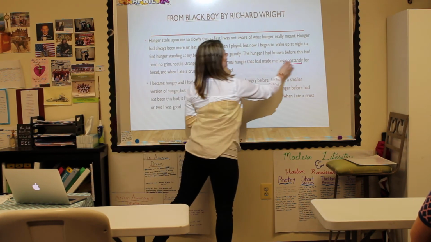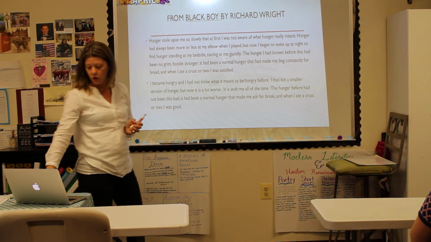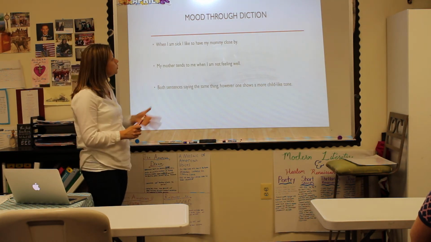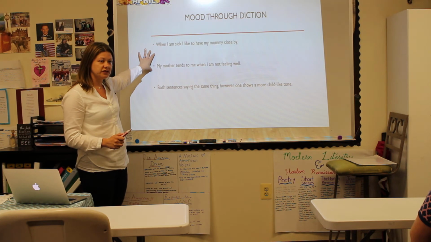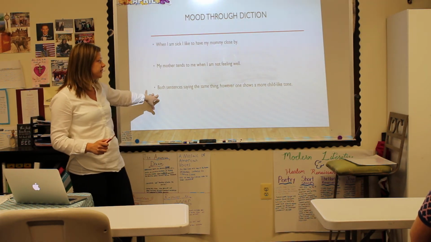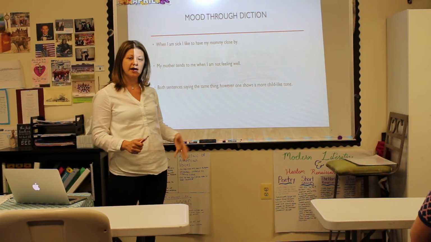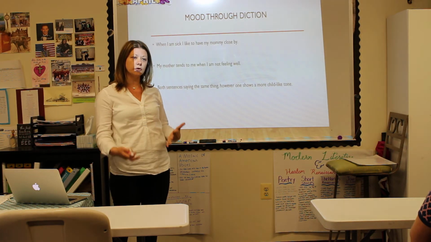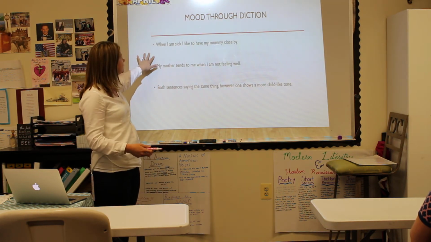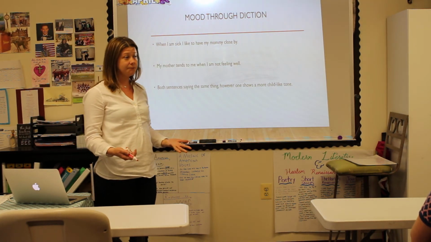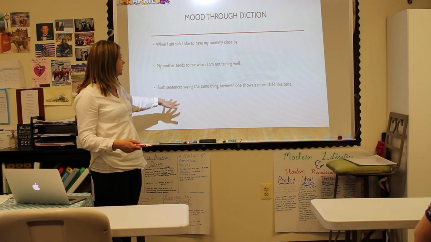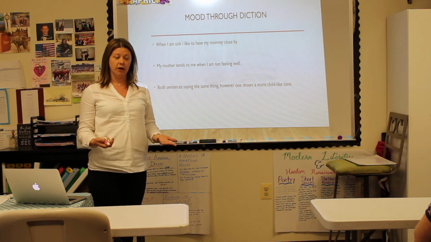Past annotating for diction, we can also look at mood for diction. And here we have two sentences that are saying the same thing, however, one has a different mood than the other based on our word choice. The first one says, "When I am sick, I like to have my mommy close by." "My mother tends to me when I am not feeling well."